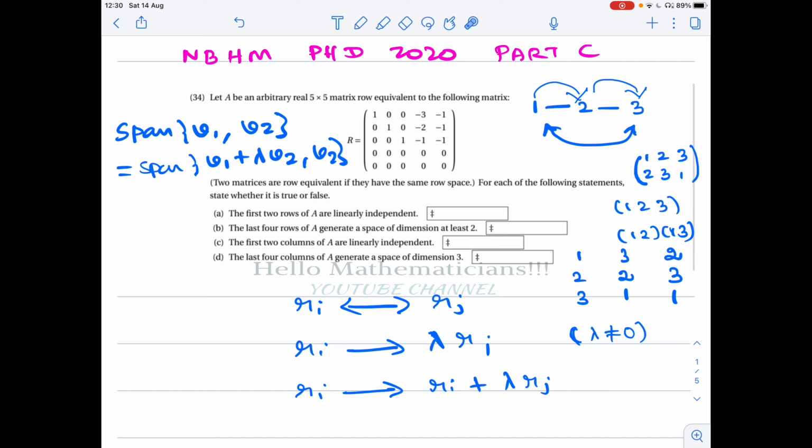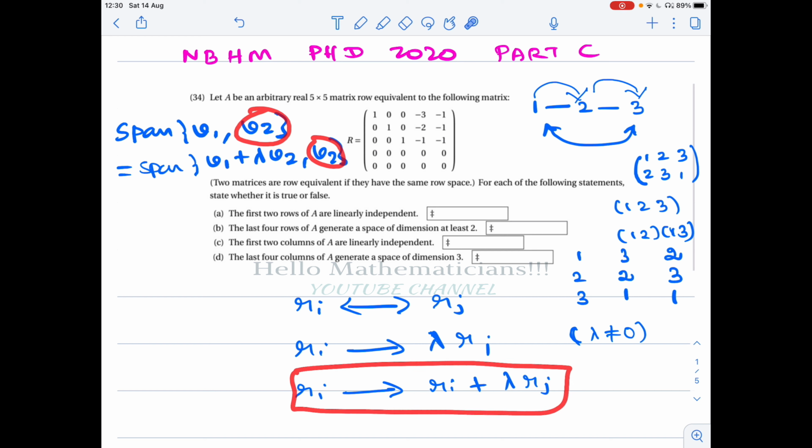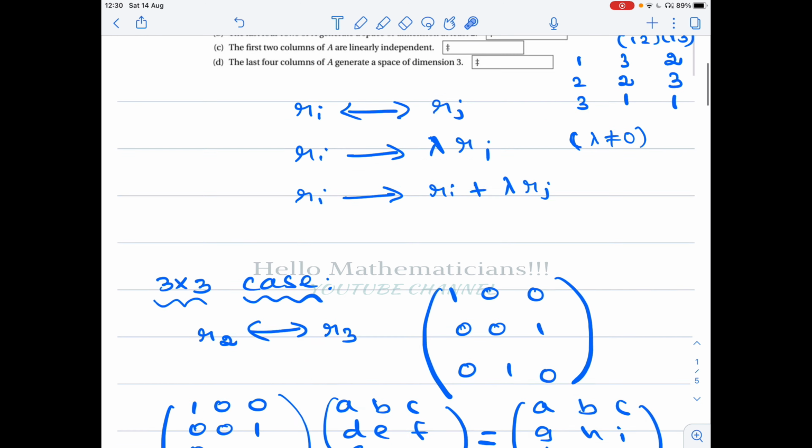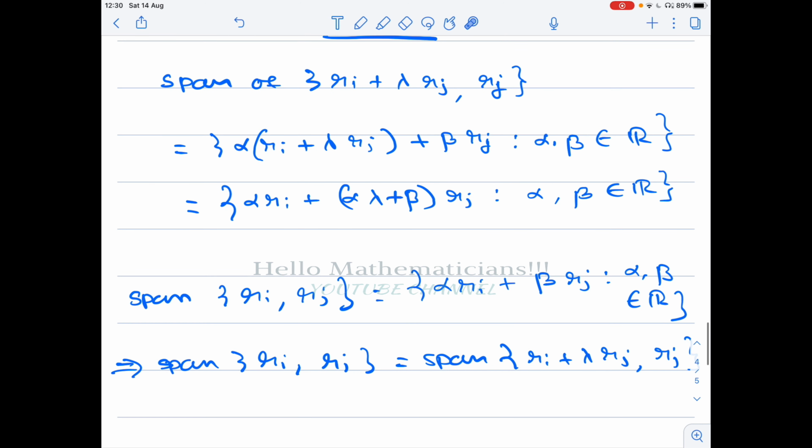In some vector I am adding the scalar multiple of another vector, and the other vector I am keeping as it is, right? If you do this operation, what happens? We claim that span of this vector equals span of this vector, but it is just straightforward to check. Maybe I can quickly show you the calculation. So we claim that span of these two vectors is equal to span of these two vectors.